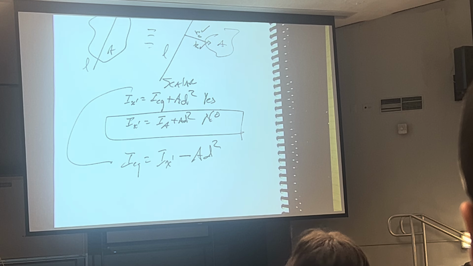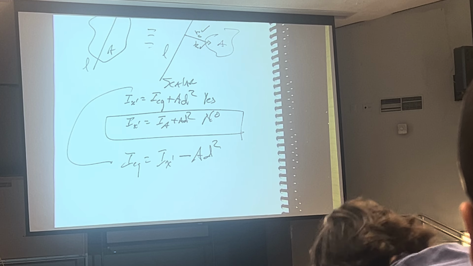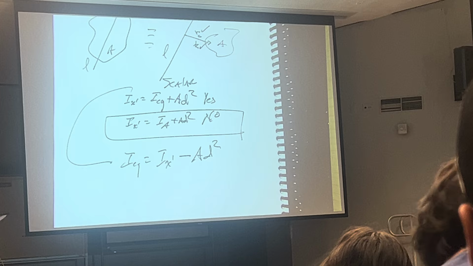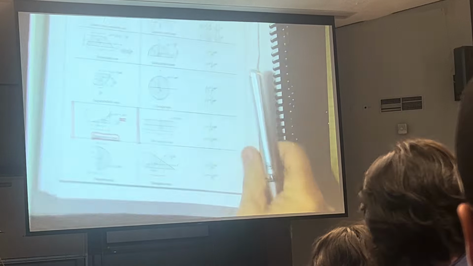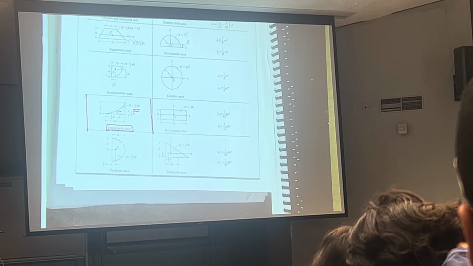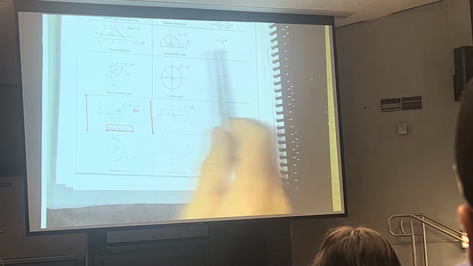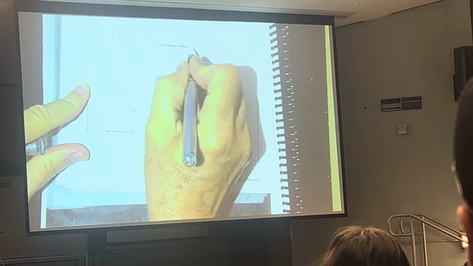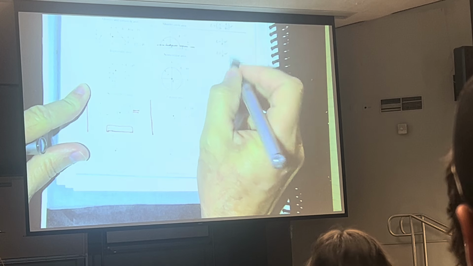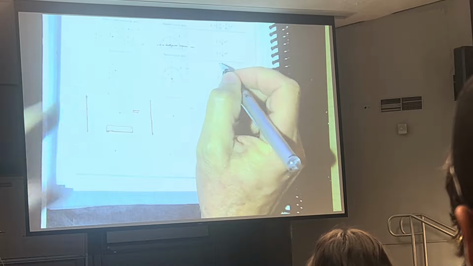Yes? Now, if you look closely, I gave you a formula sheet that was in Canvas, and I've already told you, please download it. This is the formula sheet from Hibbler. Nowhere does he have the I that goes through the centroid. He does not give you that. Nowhere is it given.